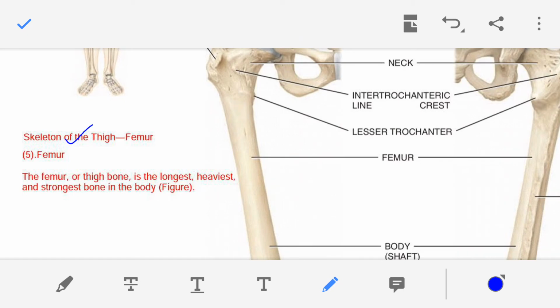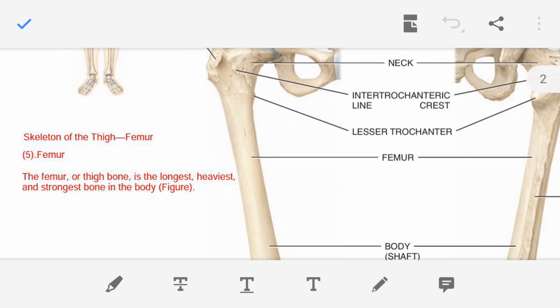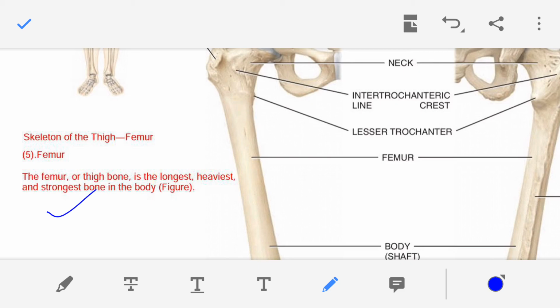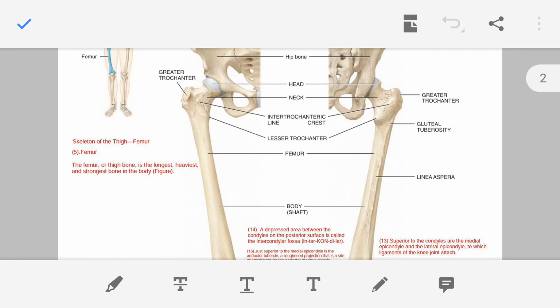Skeleton of thigh, femur. The femur, also known as the thigh bone, is the longest, heaviest and strongest bone in our body. So this is the first point for the femur: longest, heaviest and strongest bone of the body.